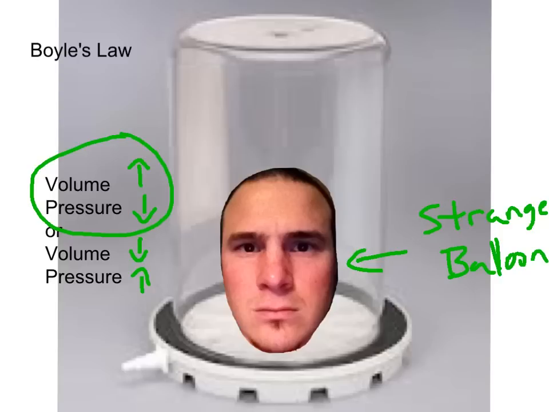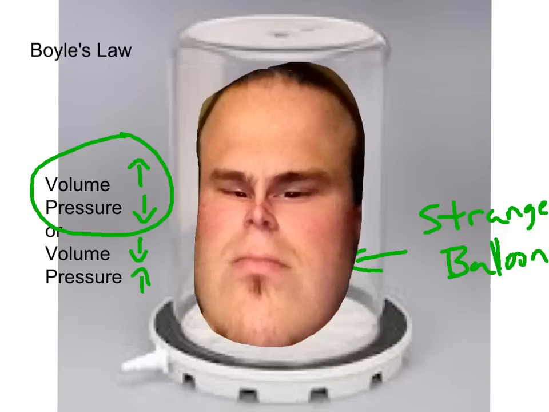What we're seeing here is that if you decrease the pressure, the volume is allowed to increase because those particles can now push and expand, and that increases the volume because there's less pressure. So the balloon would expand and you'd have an even creepier looking balloon. Those particles are allowed to press out on the outside of the balloon.